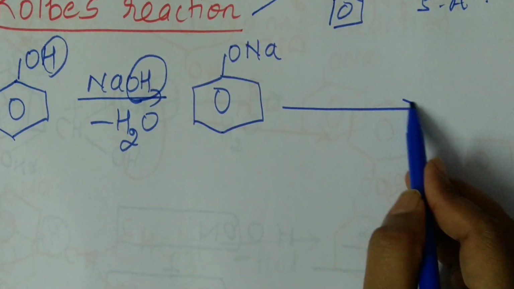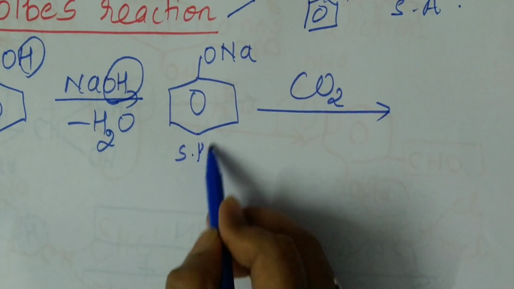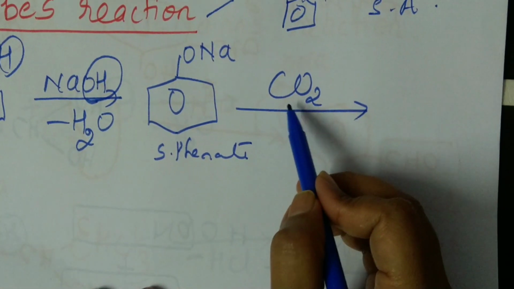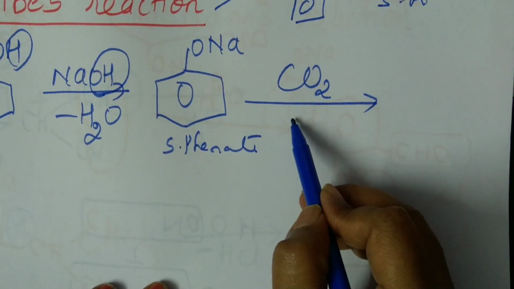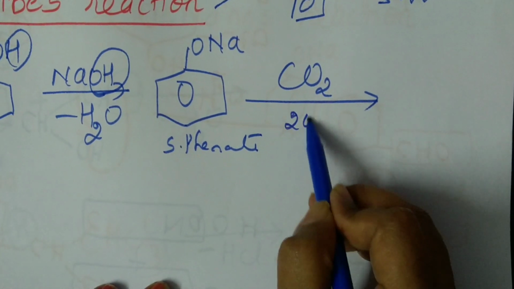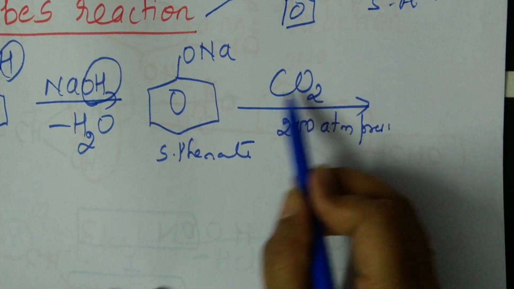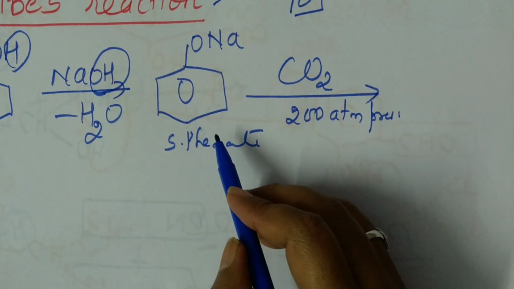Now I am going to pass carbon dioxide gas through sodium phenate. Now this being a gas, it will not easily dissolve in liquid. So we need to apply lot of pressure. So under 200 atmospheric pressure, what will happen? Carbon dioxide will dissolve in sodium phenate.